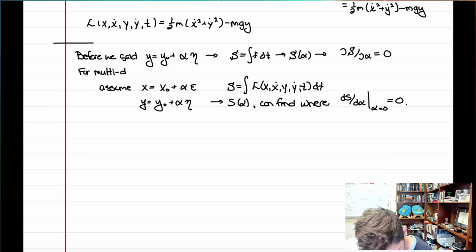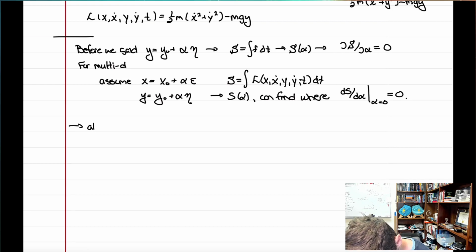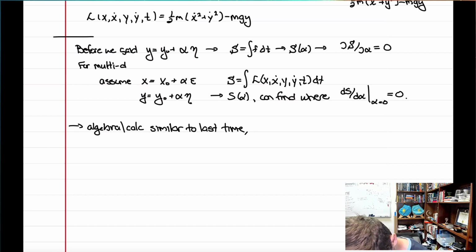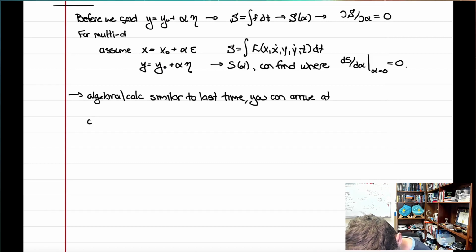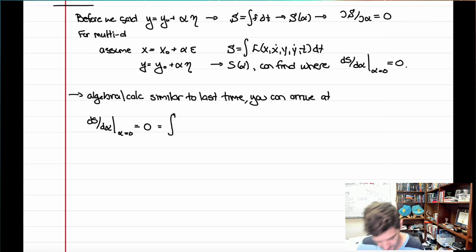Through algebra and calculus, similar to last time, you can arrive at a similar looking integral, where dS by d alpha equals 0, and this ends up being equal to a big integral with two big terms.